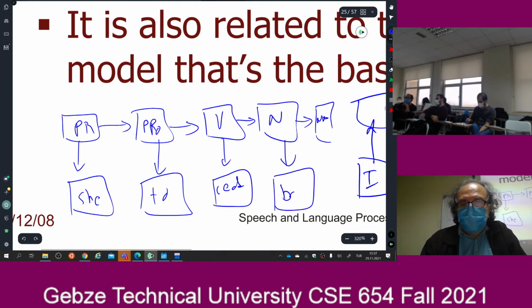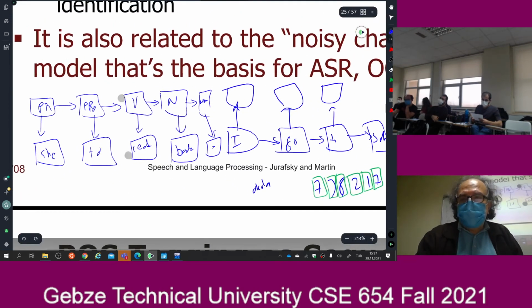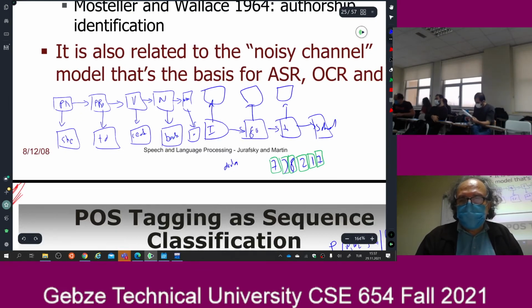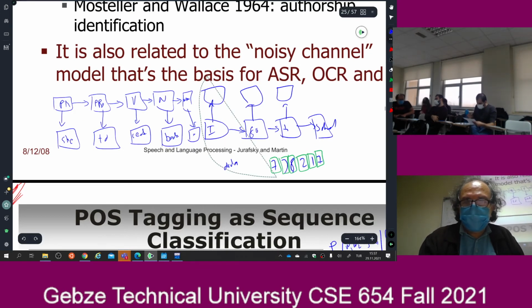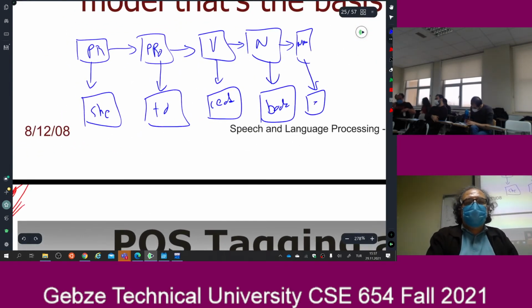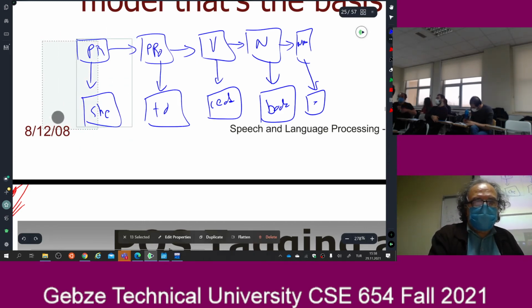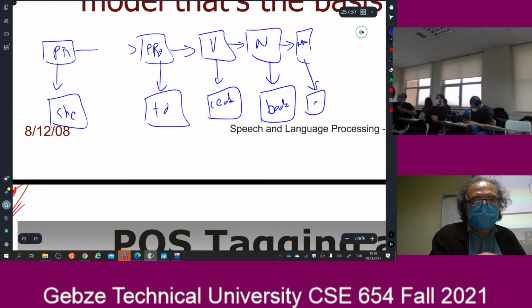Book and a punctuation dot. So in the observable universe, okay, I see. Can I make it a little bit more correct?